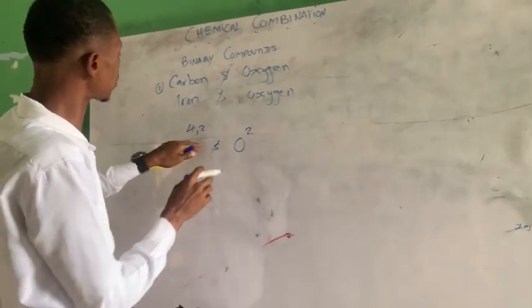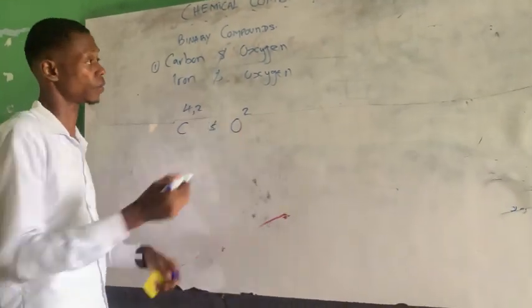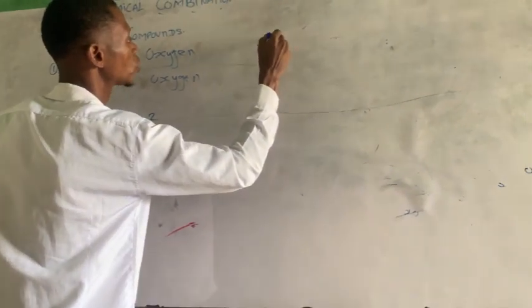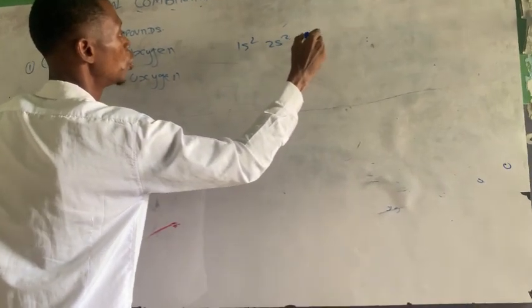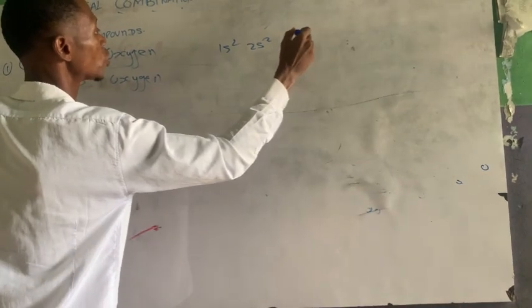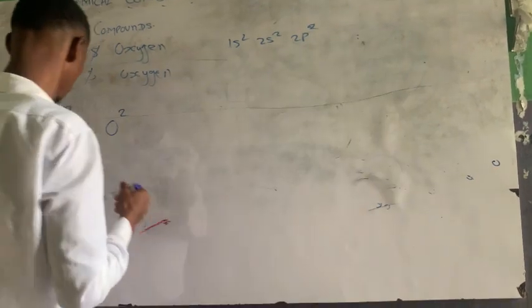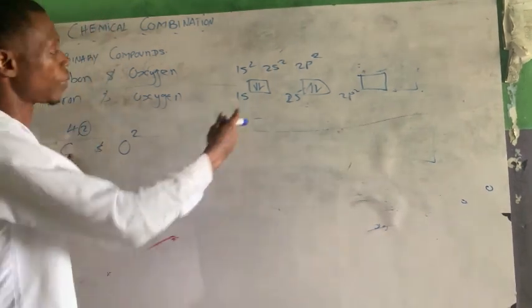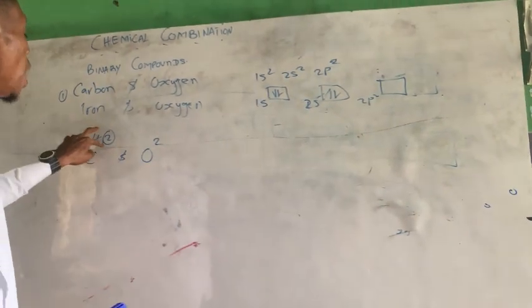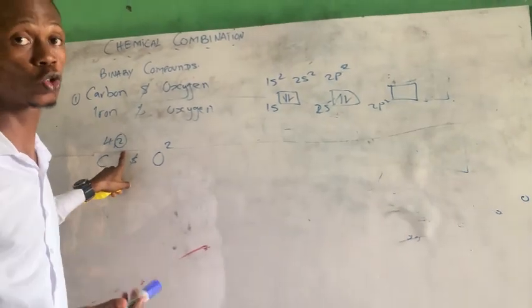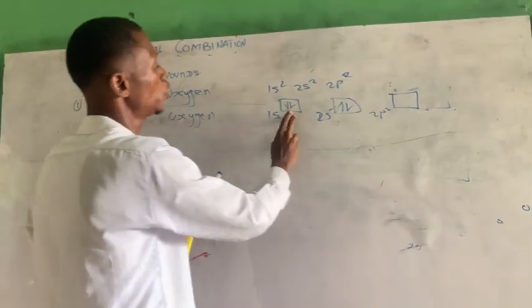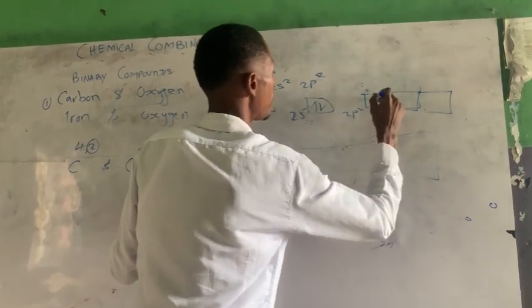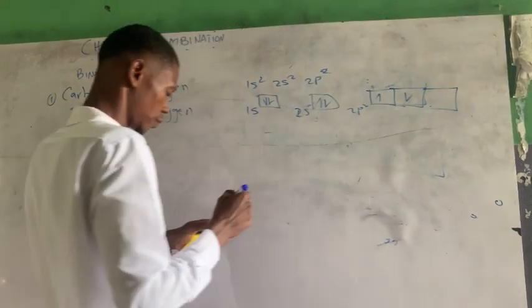How does carbon get 4 or 2 valency? Carbon is number 6, so we have 1s2, 2s2, 2p2. So this is 1, 2, 3, 4, remaining 2, 5, 6.